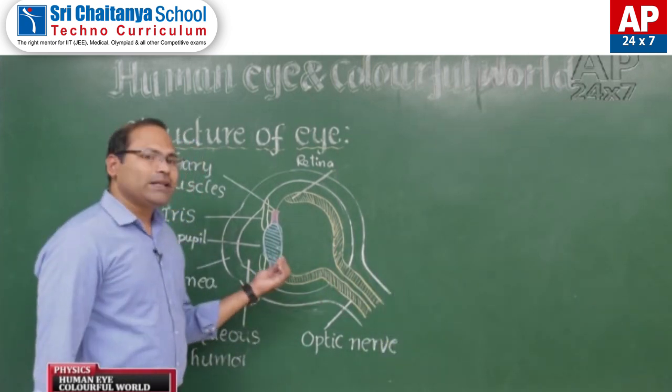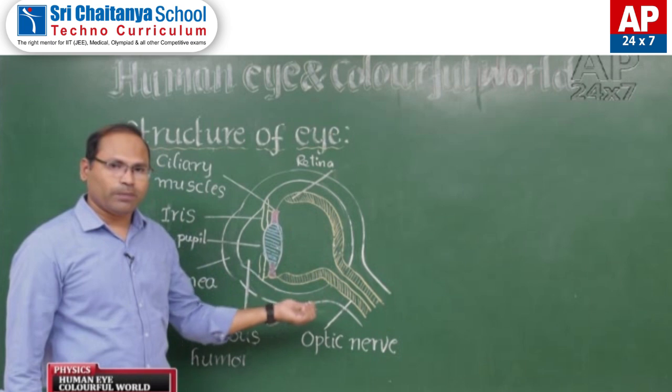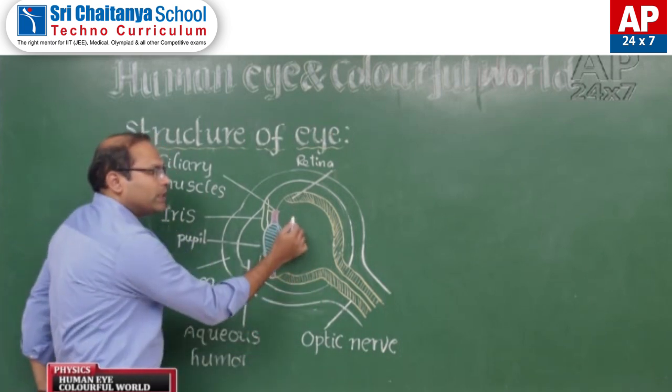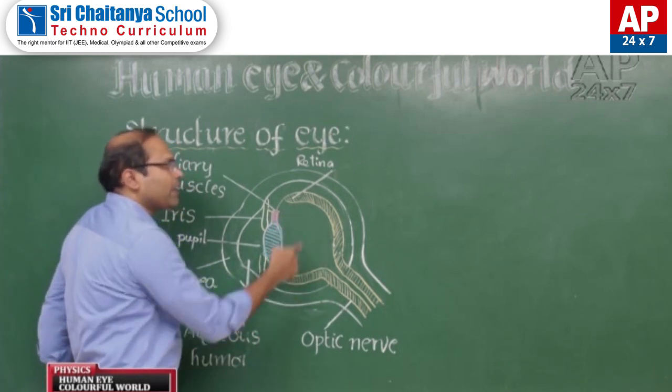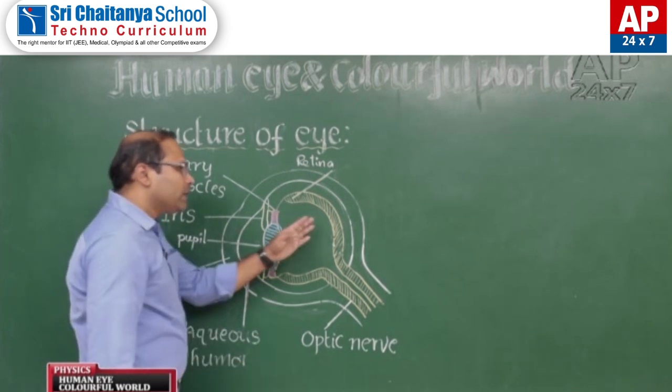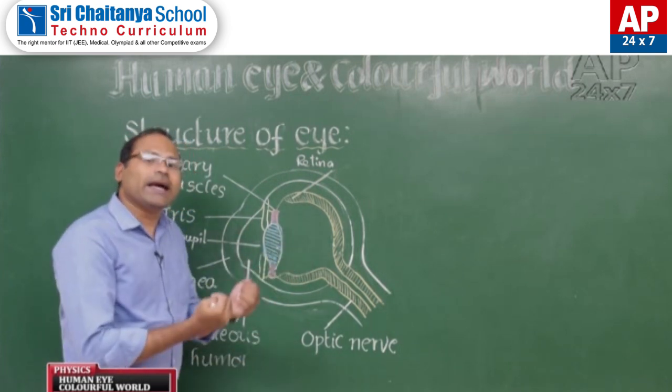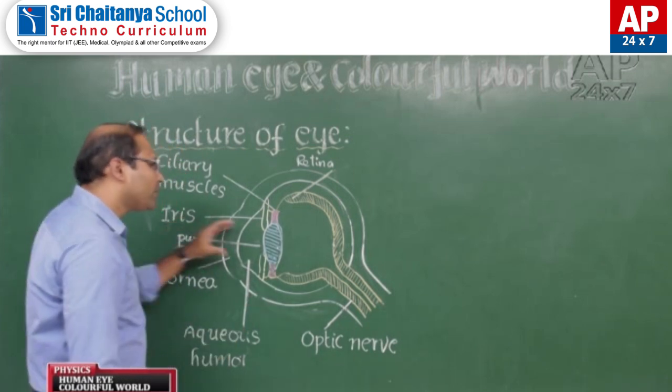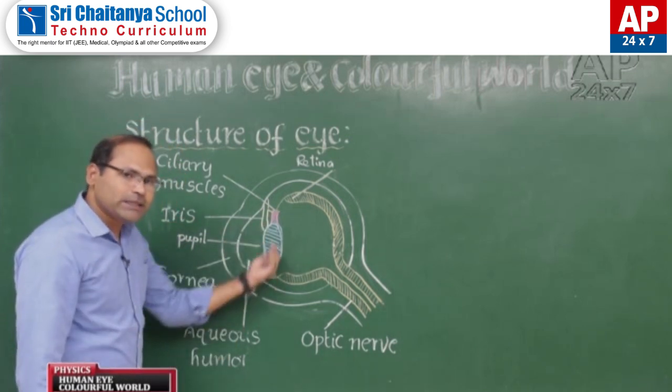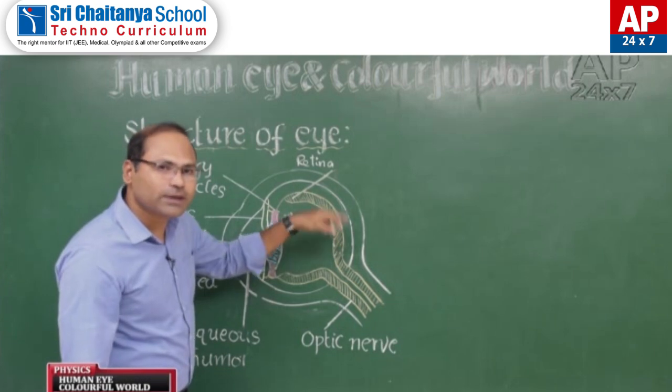Now, let us try to understand the rear portion of this eyeball. We learned earlier that this part is named the retina, and it acts like a screen. The light rays falling on the eye lens, after refraction, hit the retina.